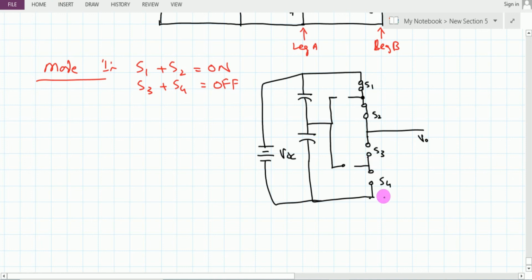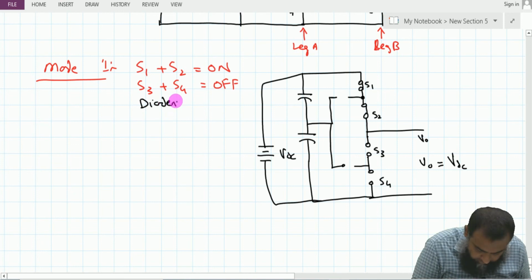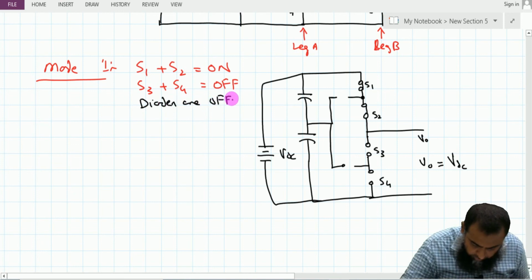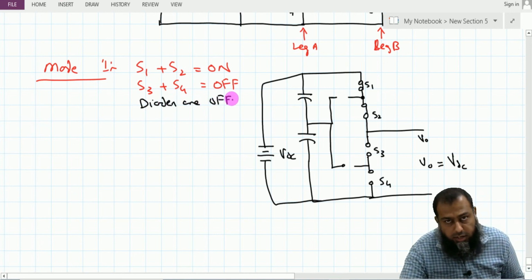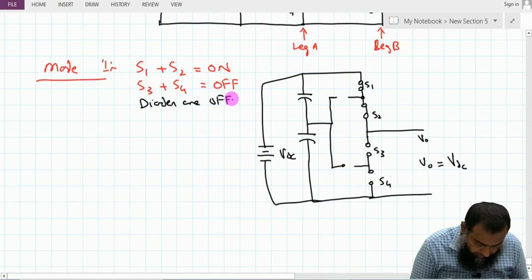So what is the output voltage here? This V0 is equal to VDC. Let me write it here. Both of the diodes which are connected with this leg A are off.